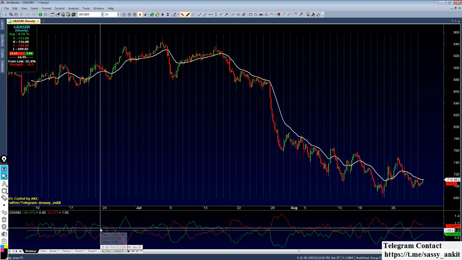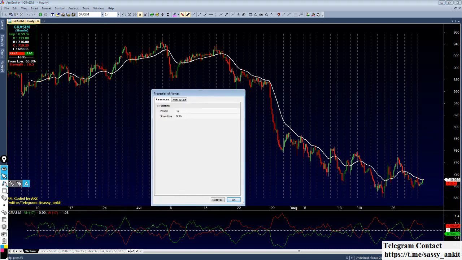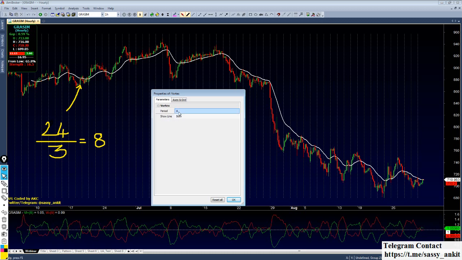Now in Vortex, what you need to do is, we have selected a period of 24 for this EMA. We will divide this by 3. You will get your answer as 8. So for Vortex you will use an 8 period Vortex like this.